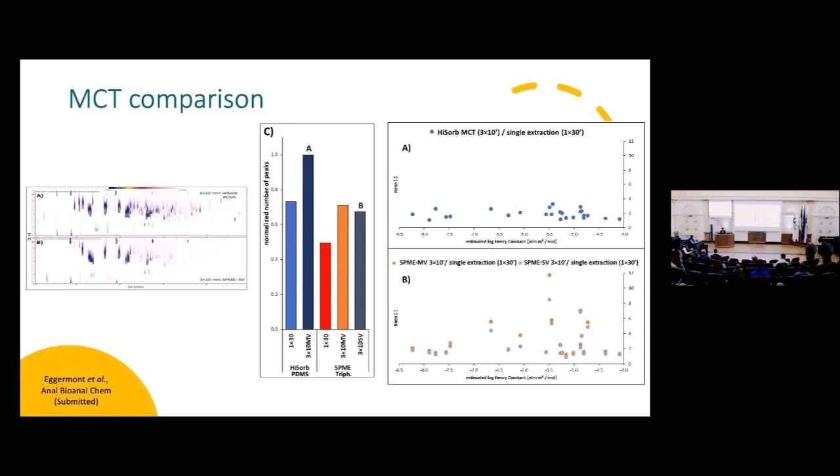So we will see later what happens if we are in unsaturated headspace. For this, it would be great to use 1 milliliter of sample.